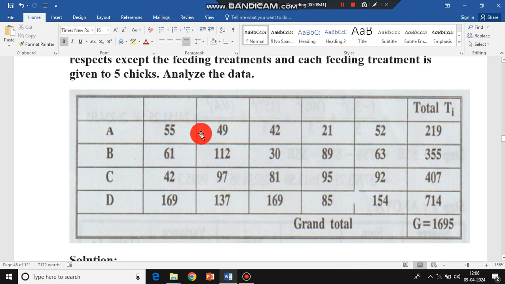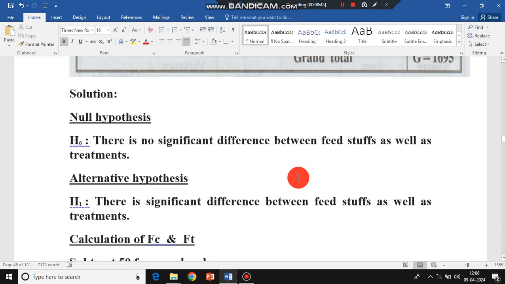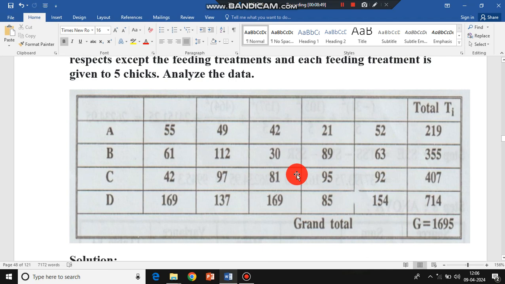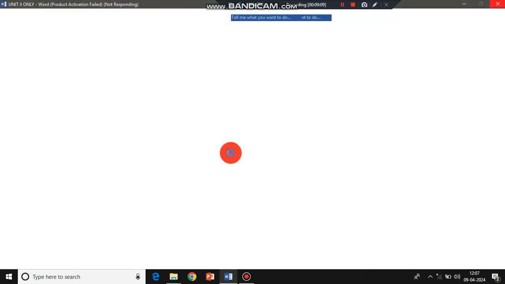So what we do here, very close to all these numbers, I can take some 50. Or any way, you can take the least number and the biggest number in this matrix, add them, divide by 2, the average of the least number and the big number, and take that as a central number. That way also you can take.